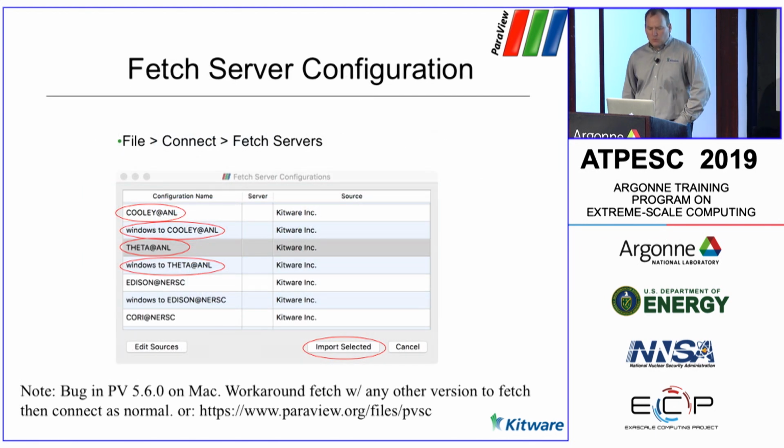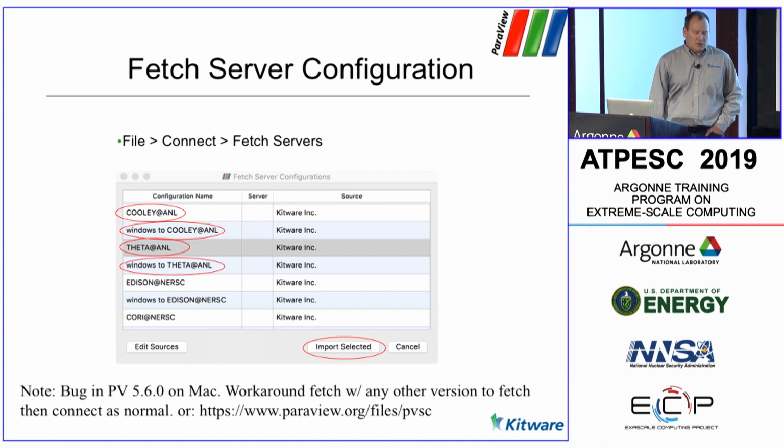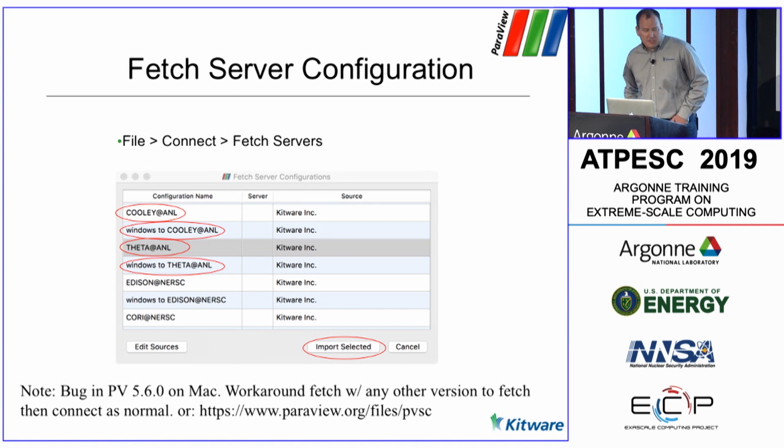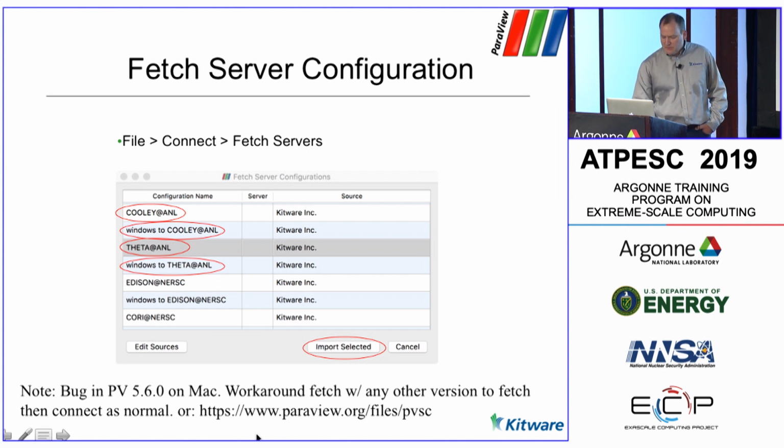And it can be very easy to get started with ParaView in parallel contexts. In your copy, go to File and hit the Connect button, and say Fetch Servers. And that's going to grab an XML file from Kitware, specifically paraview.org files PVSC.